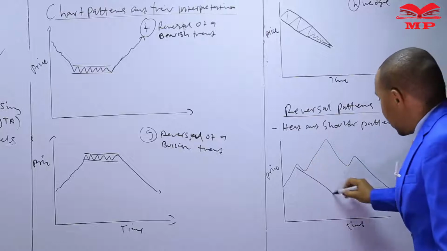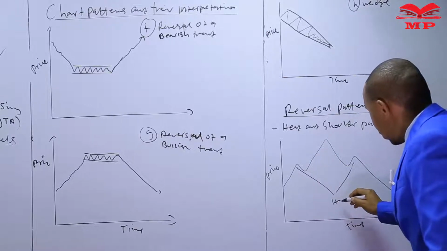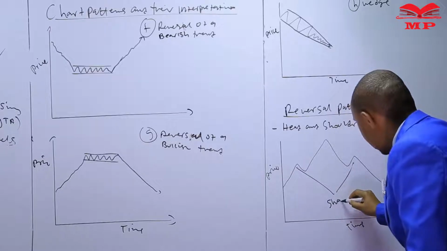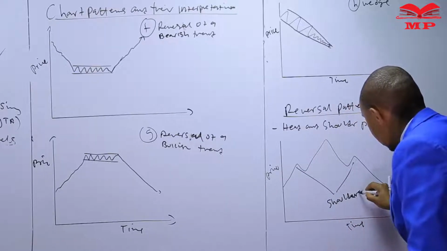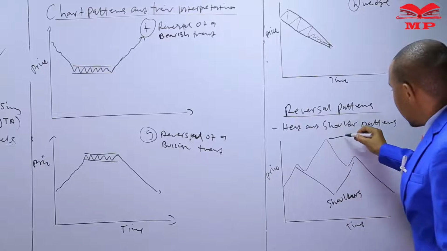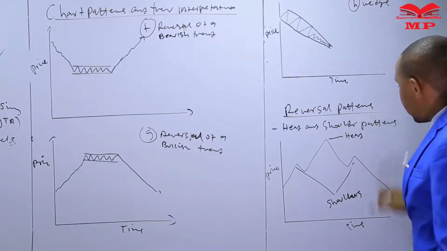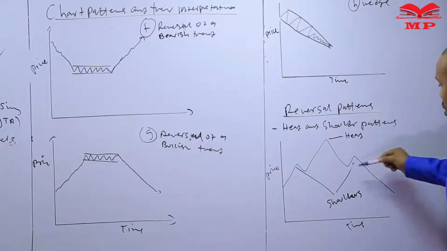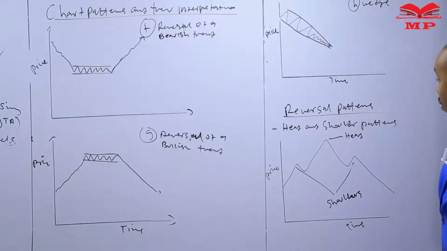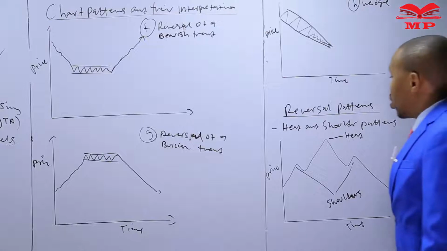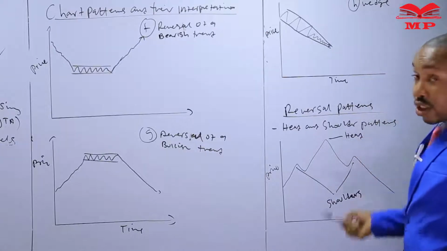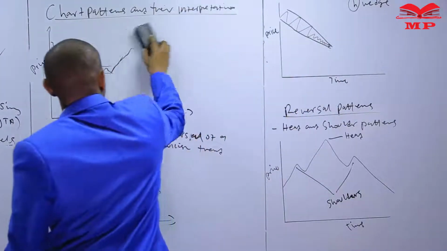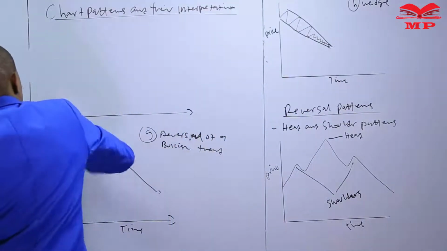So you find these represent the shoulders, these ones, and this represents the head. So it can be an indication of a downtrend, or it can be an indication of an uptrend, especially more so when you have the inverse head and shoulder patterns. So the inverse head and shoulder patterns will indicate an uptrend there.